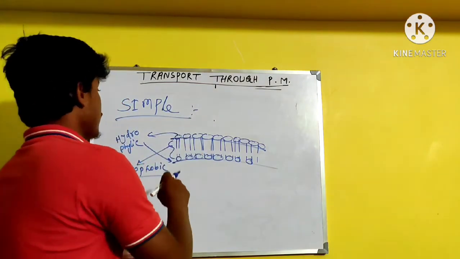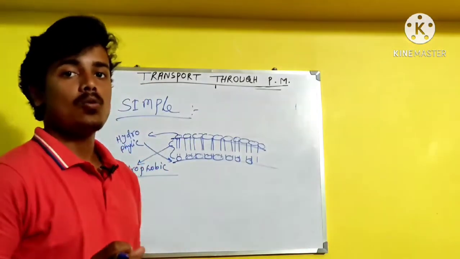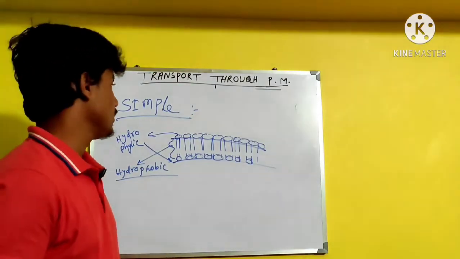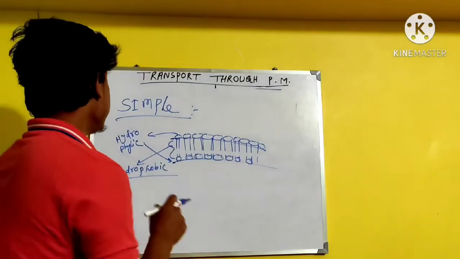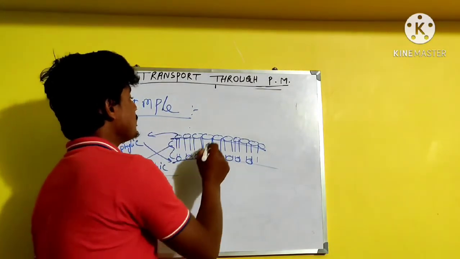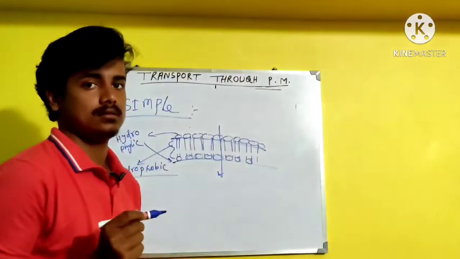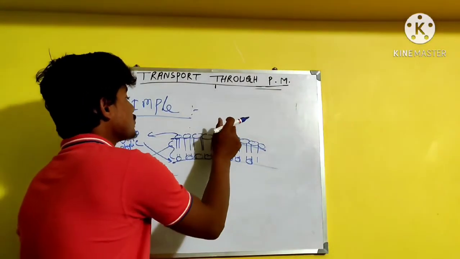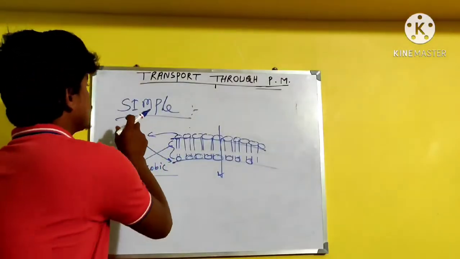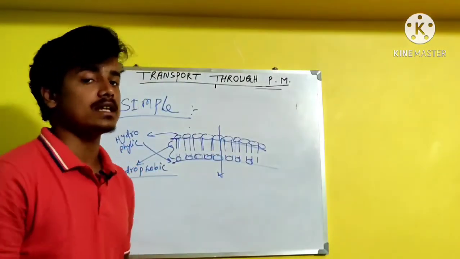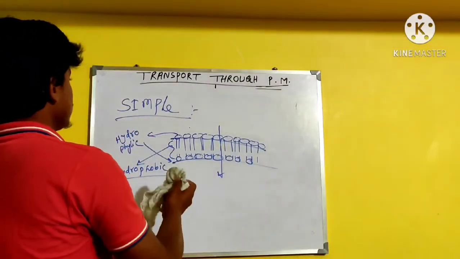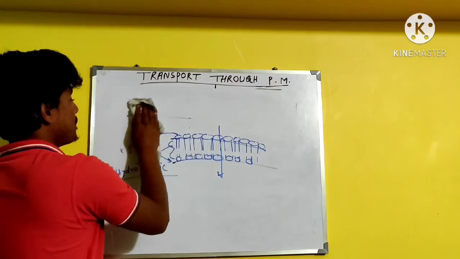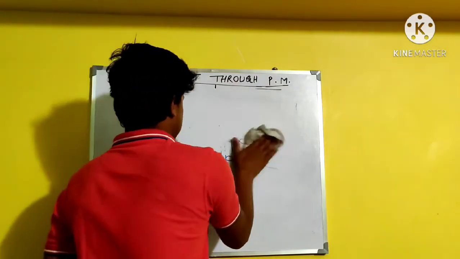If the thing is water soluble or water-like material, then it can easily pass through the lipid bilayer. This process is called simple diffusion, and next comes facilitated diffusion.